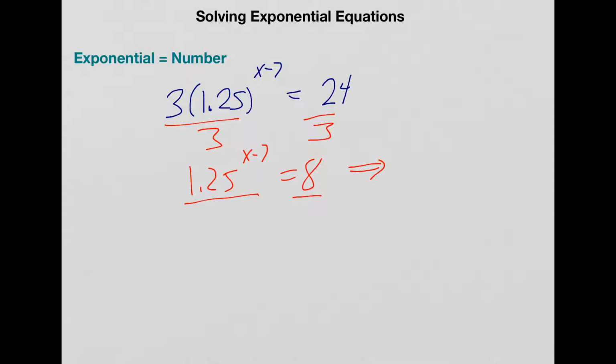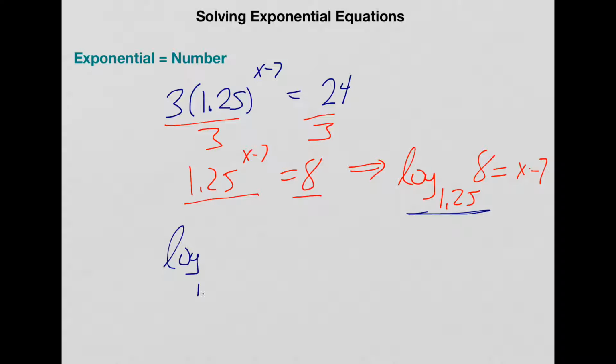So I'm going to rewrite this as the log base 1.25 of 8 equals x minus 7. But now this is pretty easy to work with, because I can use the change of base formula.